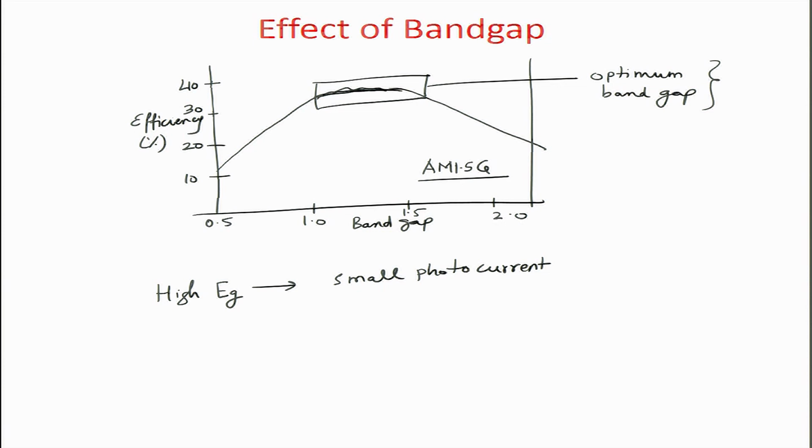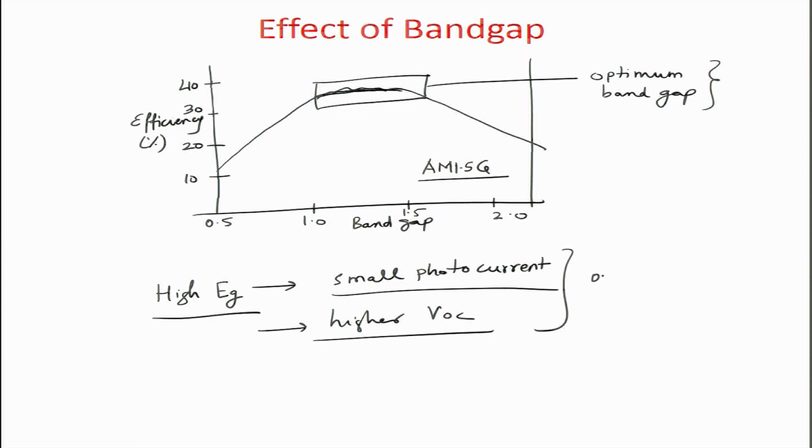So, if your band gap is higher, the current is going to be smaller, but at the same time it also gives rise to higher VOC. So, these two things have to be optimized to get the maximum power output from the solar cell.